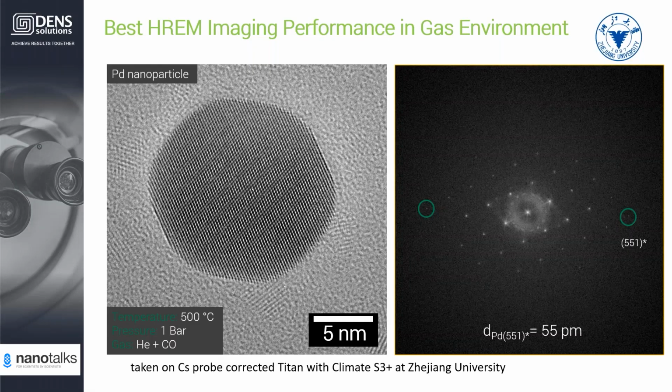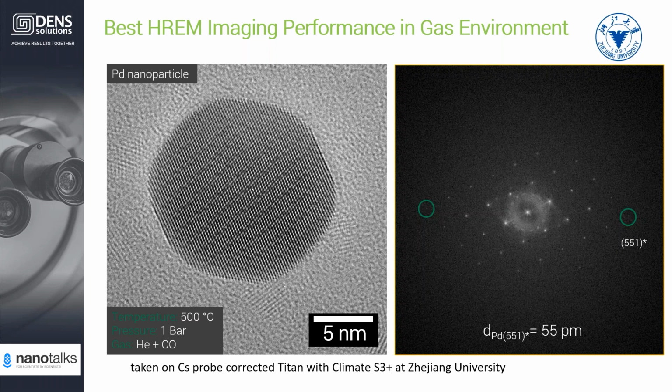And now, because of the introduction of the gas environment and also the window cell thickness, a lot of people are questioning the ultimate resolution, like spatial and energy resolution, inside in situ gas TEM experiments. Let's look at the real image data from Zhejiang University.